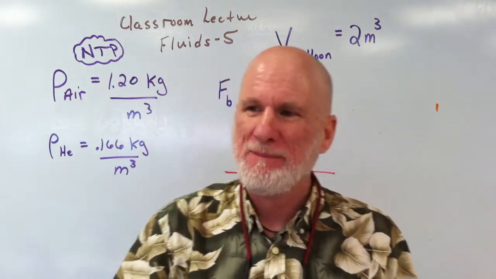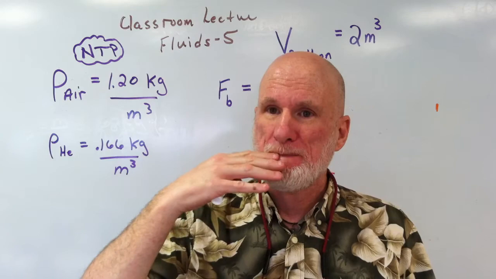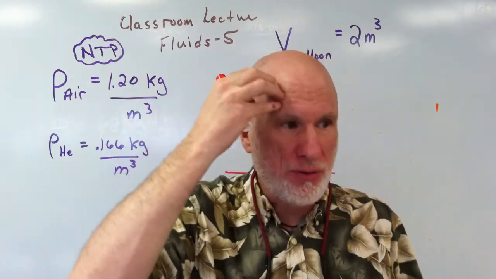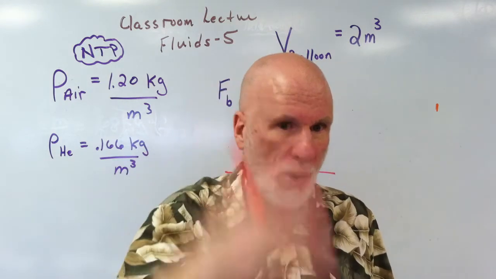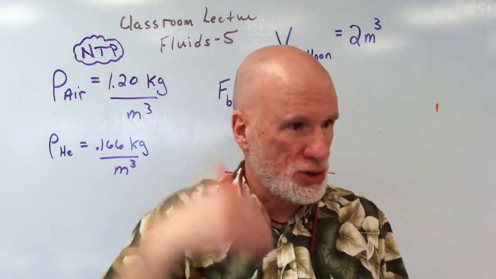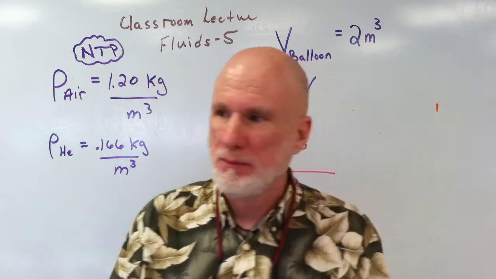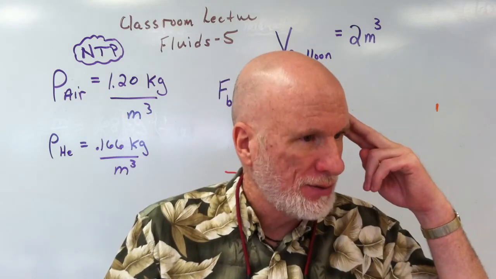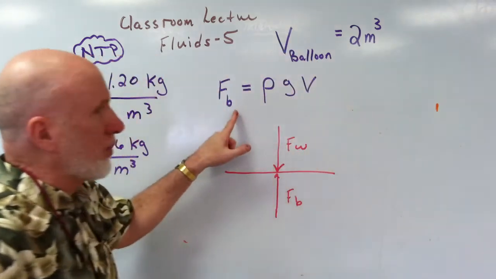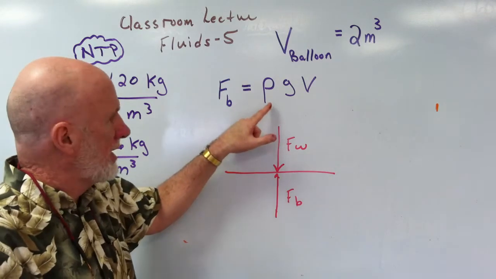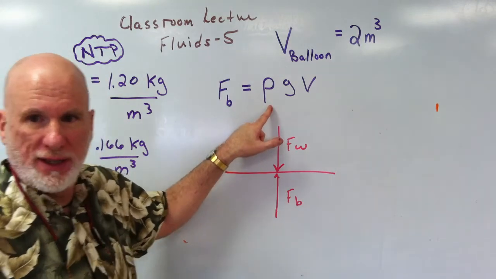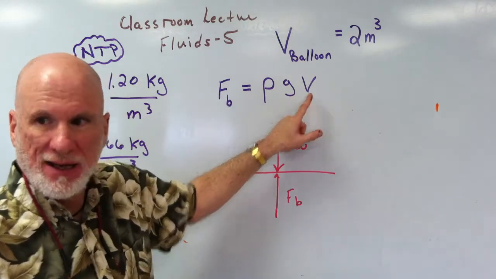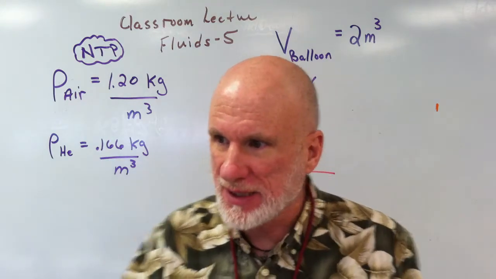But I know the balloon is floating, correct? So if the balloon is floating, its buoyant force equals its weight, correct? So if I can determine its buoyant force, I know its weight, correct? Well, the equation for buoyant force is FB equals the density of the displaced fluid, air, times G times V, the volume of fluid displaced.